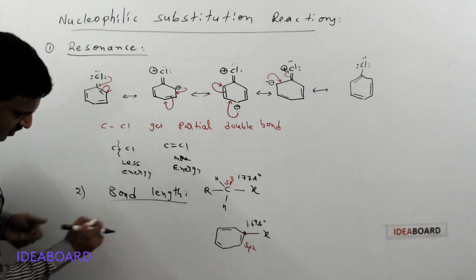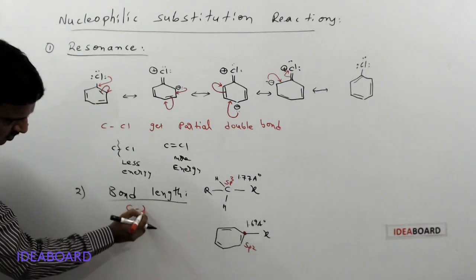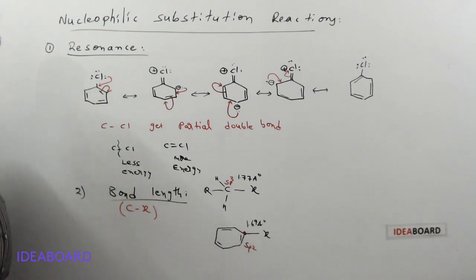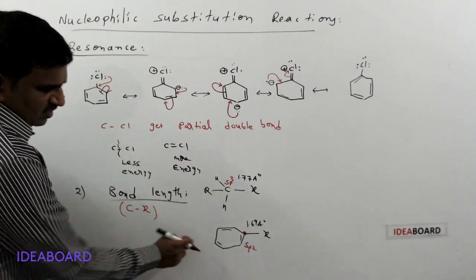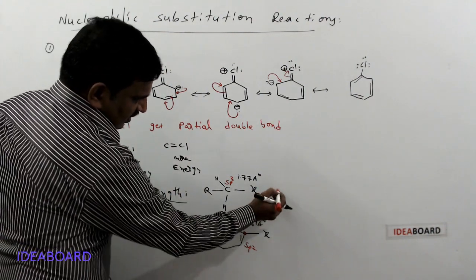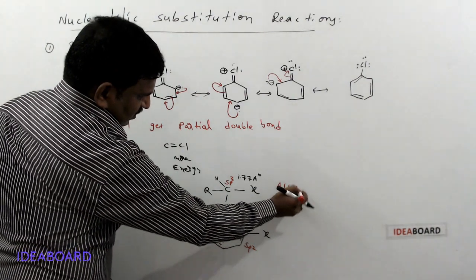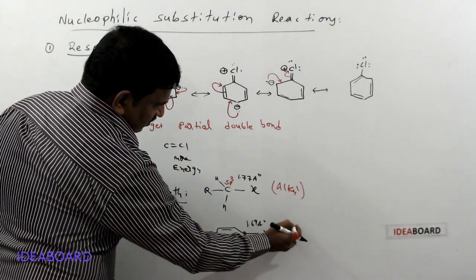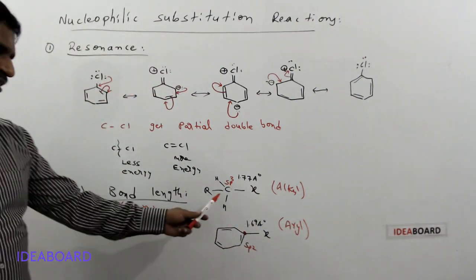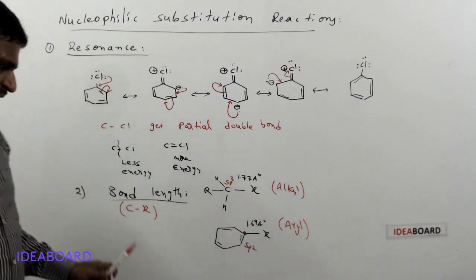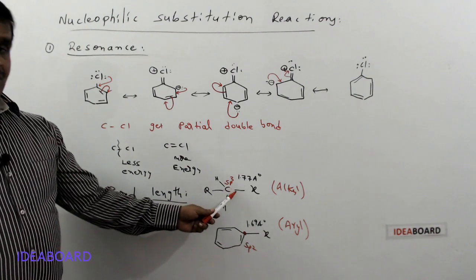This is the alkyl halide and this is the aryl halide. When you check the C-X bond lengths, the alkyl halide has the greater bond length.